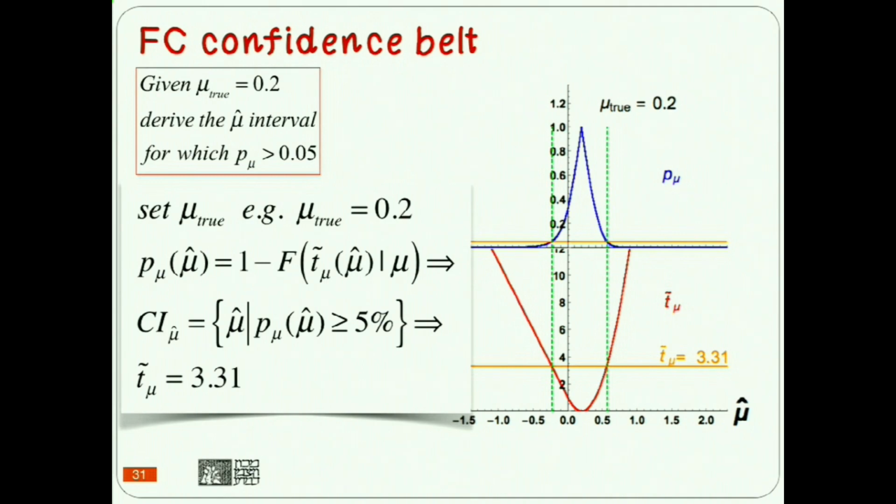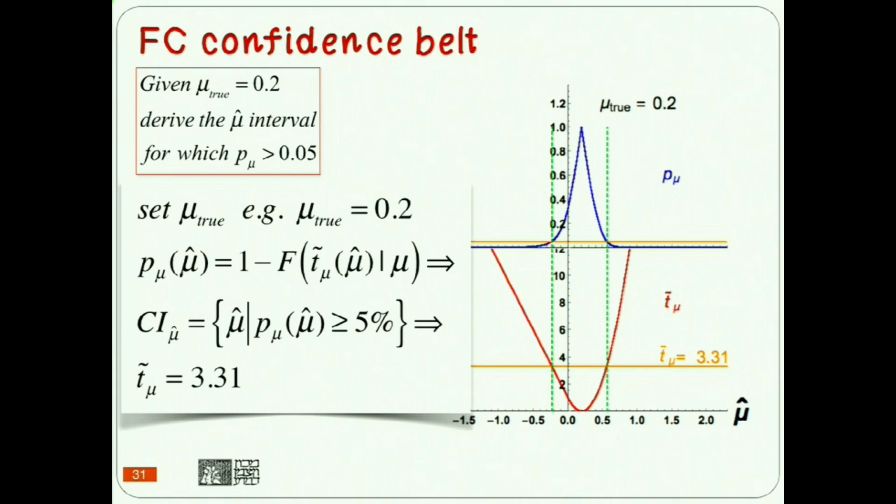And this gives me a dependence between P mu and mu hat, which looks like this. The peak is exactly the true value at 0.2. And if I want to build a confidence interval in mu hat, in the measurement space, all I have to do is to look at all the mu hat where P mu is greater than 5%. So it's this thing here.